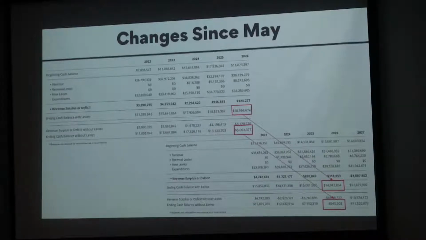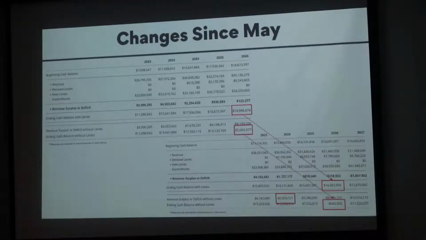So what's the big difference there? That's the enrollment factor. We'll get into that, but just one other item to note here on this slide, this negative 2.9 million. Remember, this is the November forecast down here. That line means the revenue surplus or deficit in that specific fiscal year without the income tax renewal.